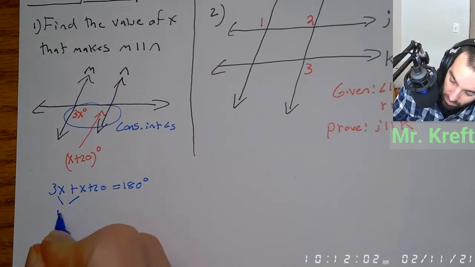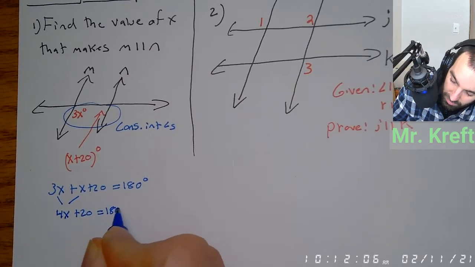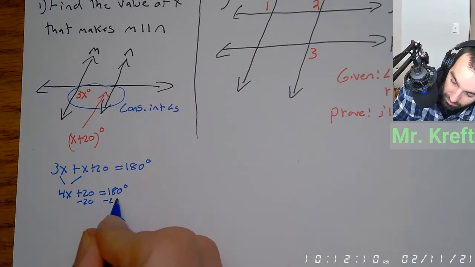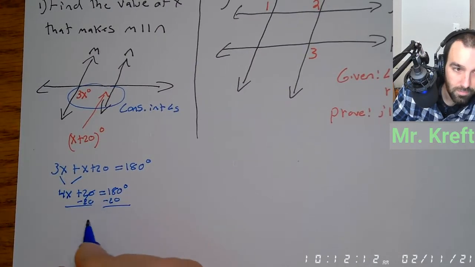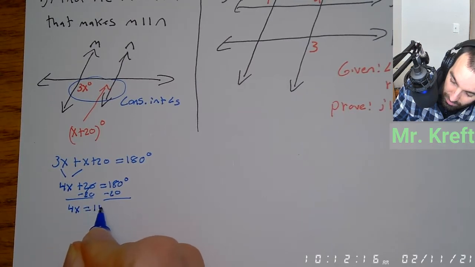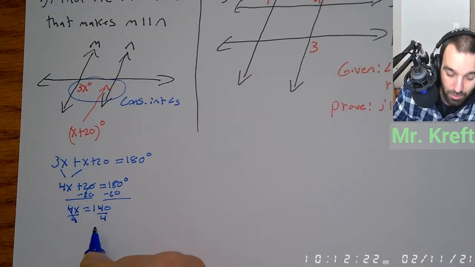If I combine like terms, I get 4x plus 20 equals 180 degrees. I'm going to subtract 20. So 4x, and then I get 140. I divide by 4, and I get, wait.